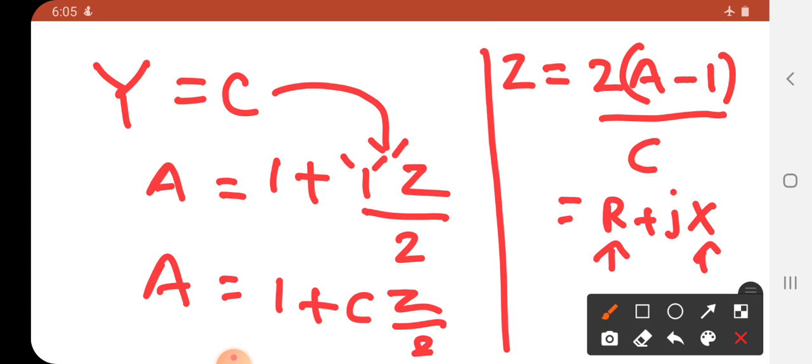And similarly, let us do the same procedure for the nominal pi method. Next, keep the side heading nominal pi method.